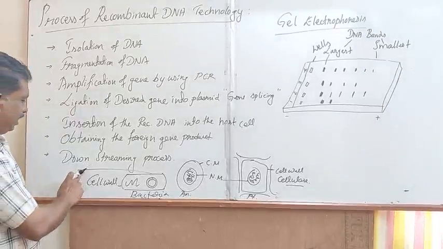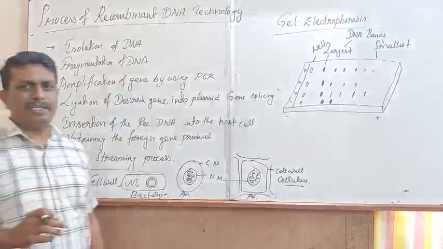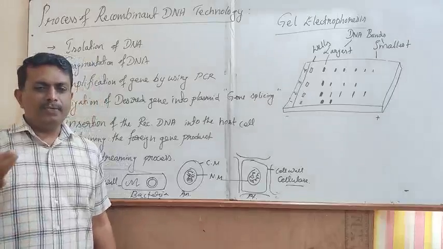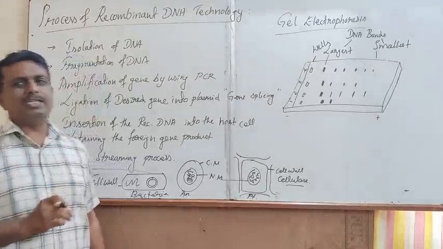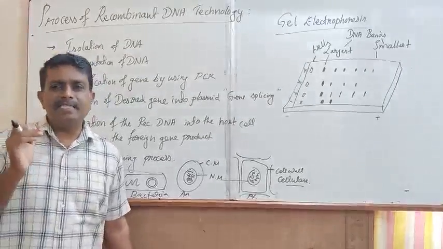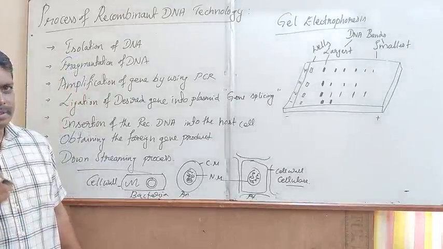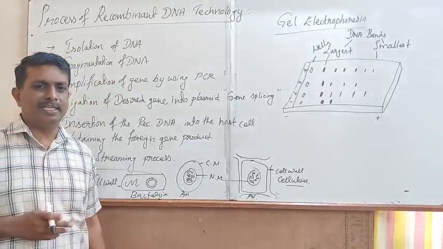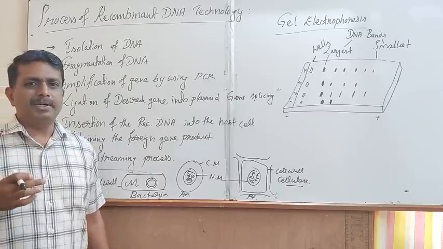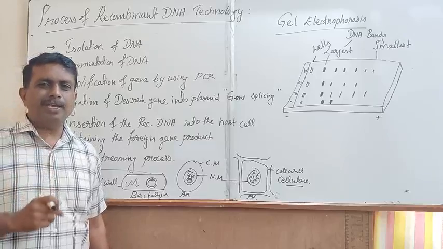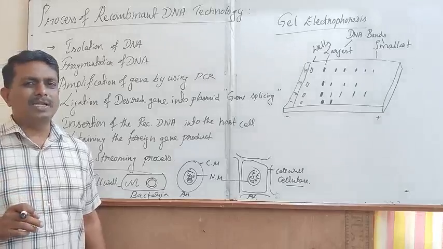Once the DNA is separated, it is subjected to fragmentation. The next important step is the fragmentation and isolation of the desired gene. With reference to the fragmentation of DNA, the DNA is fragmented by making use of a key enzyme called restriction endonucleases.